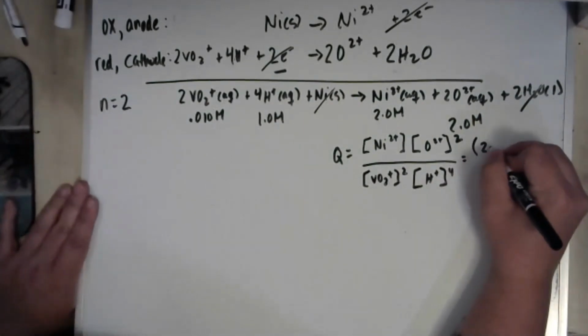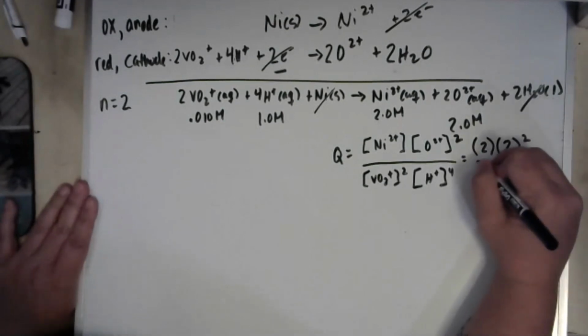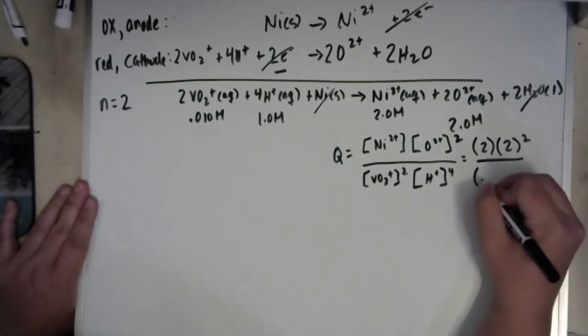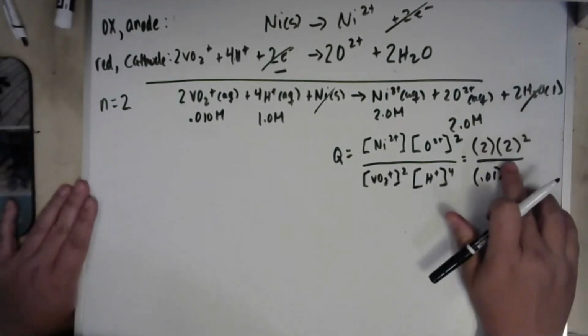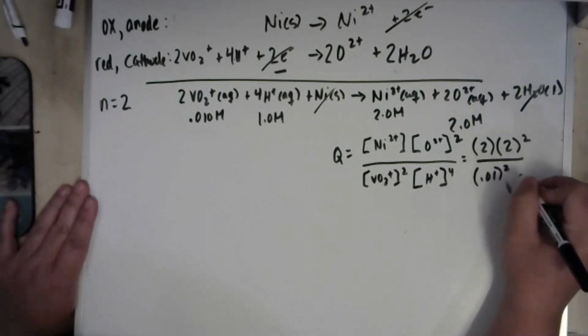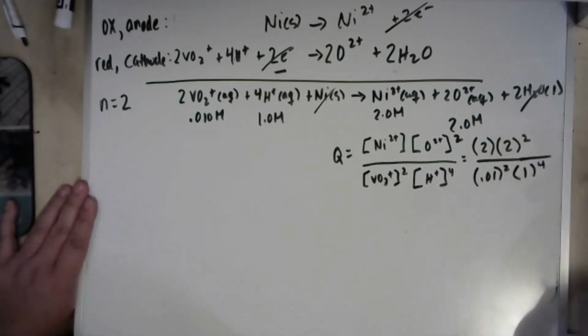Okay, so we get 2 times 2 squared over 0.01 times 0.01 squared times 1 to the 4th.